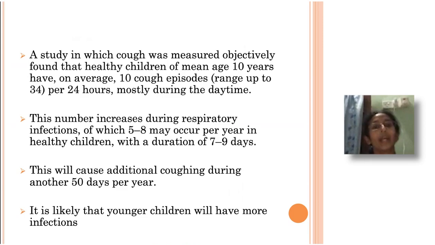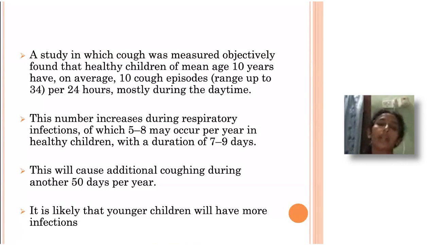A study in which cough was measured objectively found that healthy children with a mean age of 10 years have an average of 10 cough episodes per 24 hours. So healthy children usually have about 10 per day, and this number increases during respiratory infections.